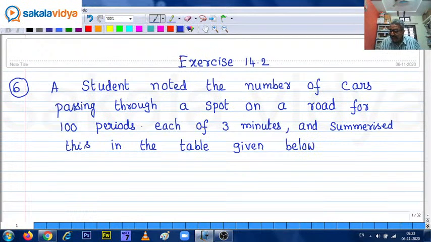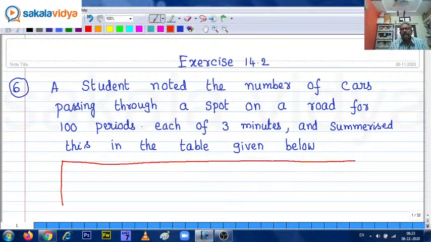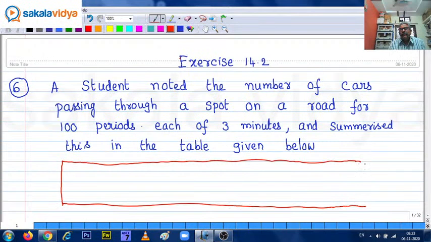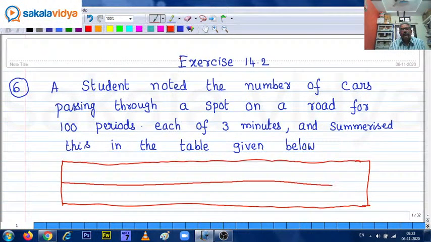Let us write a table now. First let us prepare the table. This is the frequency distribution table. The first row is number of cars.